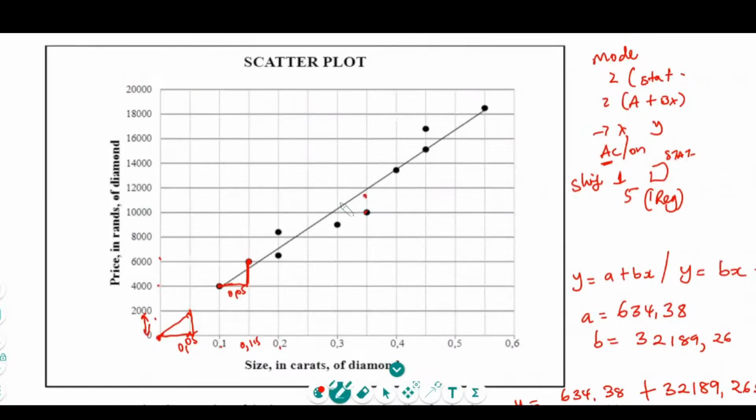So which means this point has moved closer to the regression line. Since there is a movement closer to the regression line, it simply means that the correlation or the relationship will be stronger, because we know that the closer the points are to the regression line, the stronger the relationship.